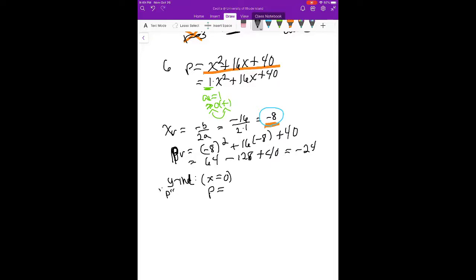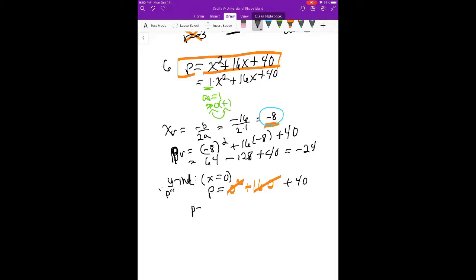But again, I'm just going to put into the equation x equals 0. So we have 0 squared plus 16 times 0, right? All this is just 0 plus 40. All right, so that tells us that at 40, we're going to have a price per unit of 40 at the y-intercept, or when x equals 0.